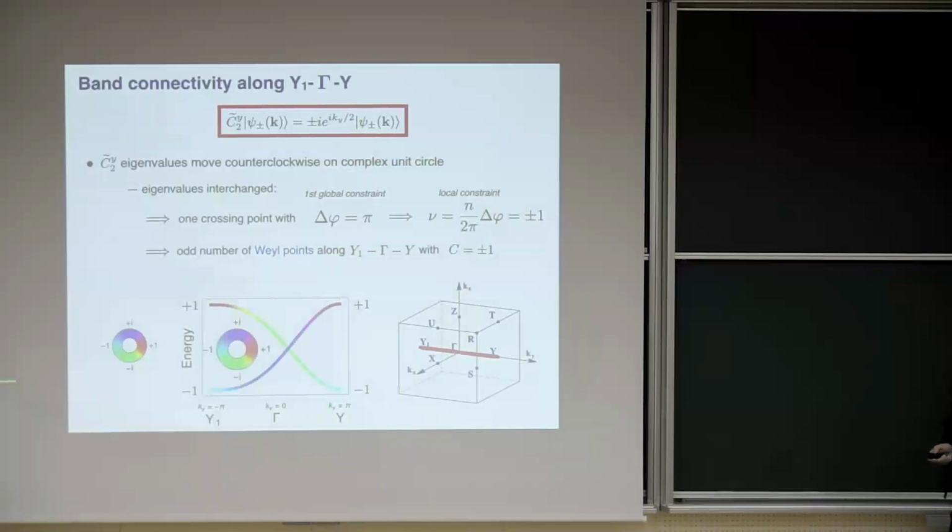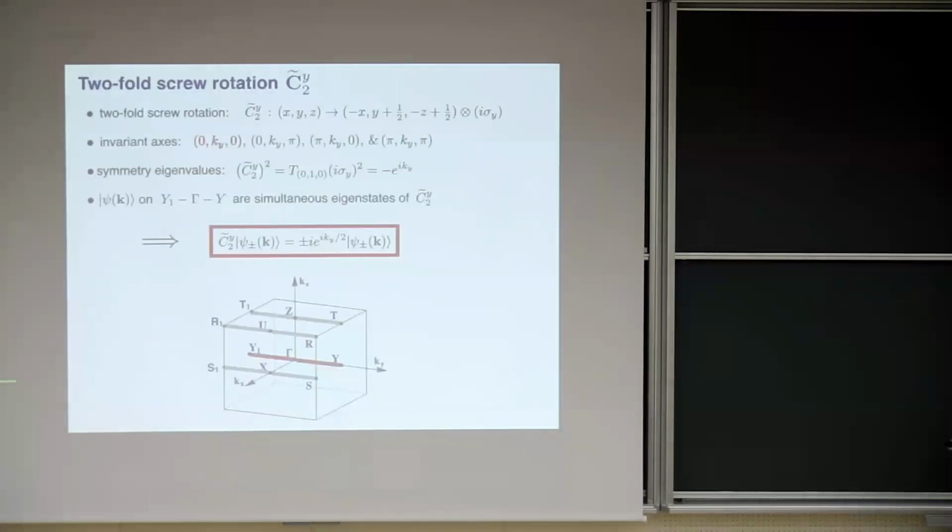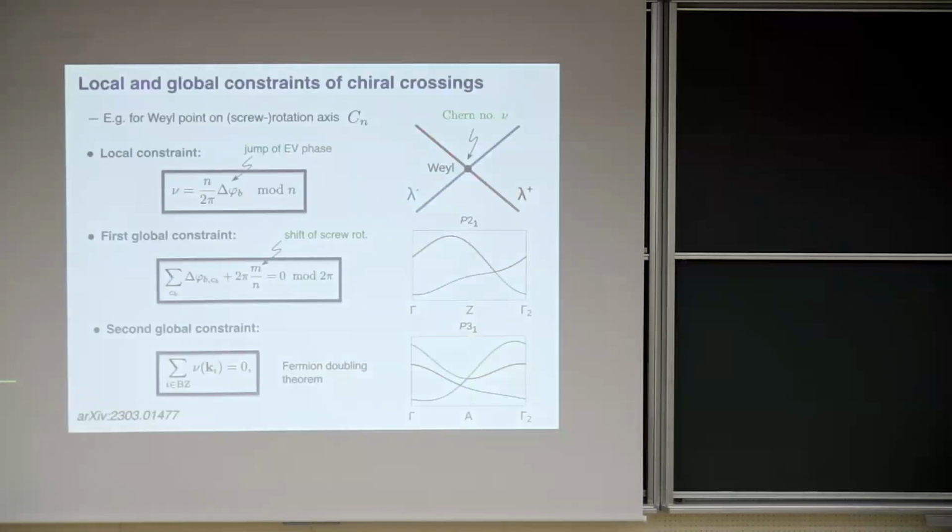And so because of consistency, and because the wave functions on the bands must be continuous in the Brillouin zone, you must connect this state -1 with this +1 and the +1 with the -1. And this can only occur through a band crossing here in the middle. So this is a manifestation of this first global constraint.